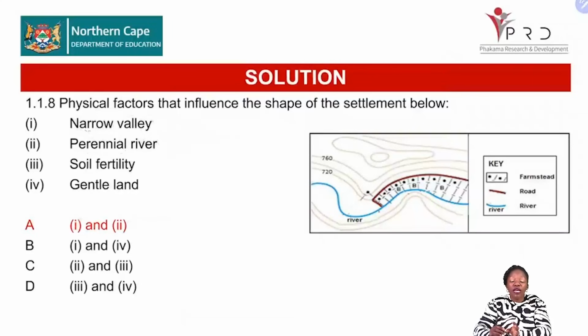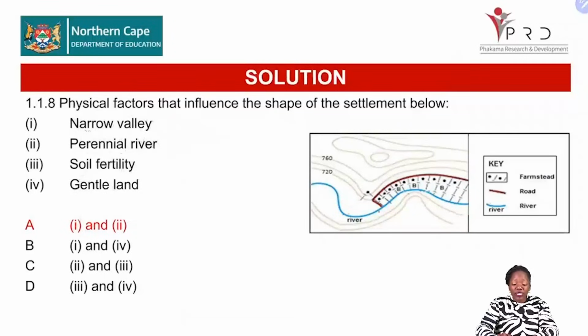And also your narrow valley, a valley is a physical factor. Then let's look at your soil fertility, which can be human-made. Then we're also looking at the gentle land. It's also a physical factor, but that can also be made to be gentle. So therefore, our narrow valley as well as our perennial river.